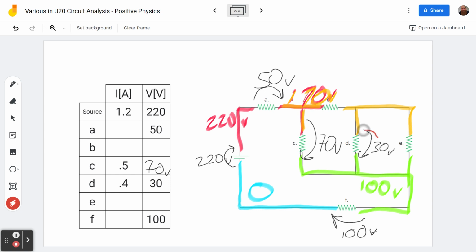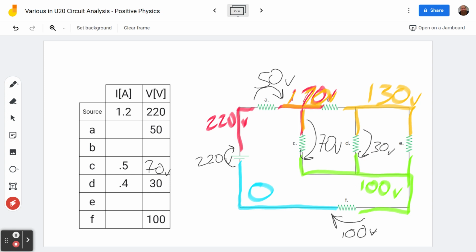Well, we know that through D, it's going to lose 30, and it's going to end up at an electric potential of 100. And so what would lose 30 to end up at 100? That would be 130. Okay, so 130 volts of electric potential would lose 30 to end up at 100.